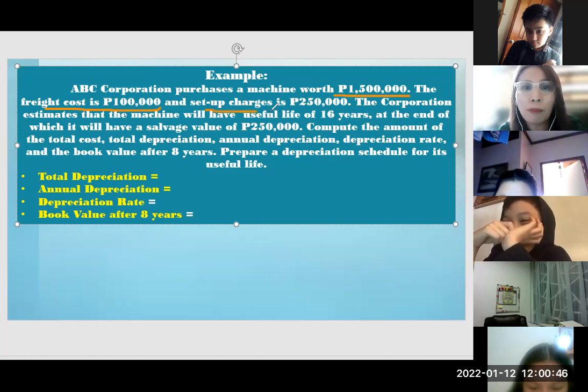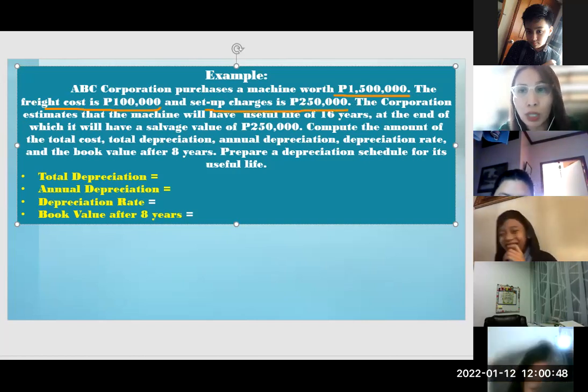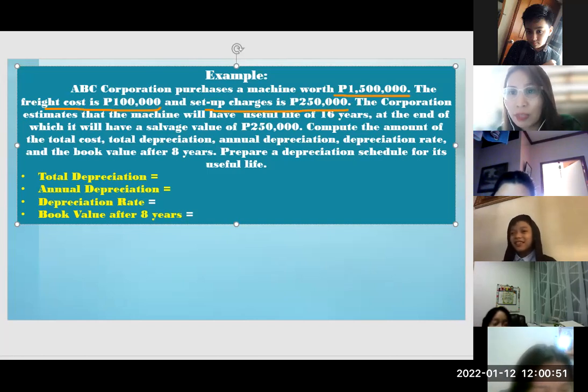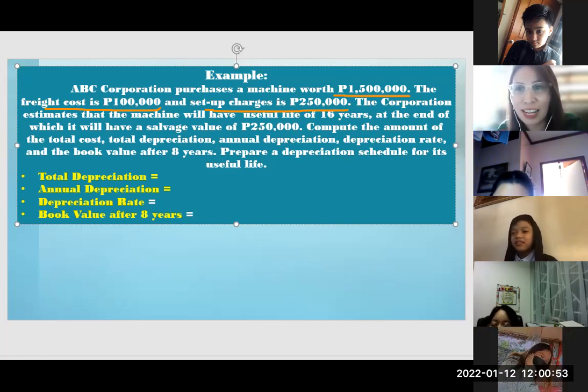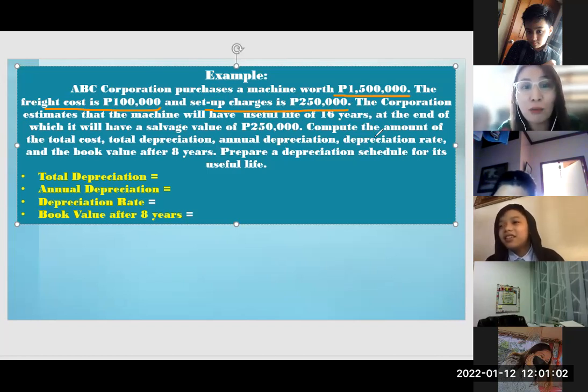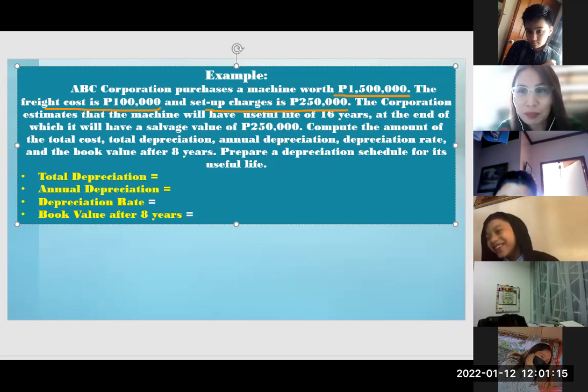Ayan. And then setup charges naman. What are setup charges? Ayan. So, setup charges naman are for installation. Okay, the other word for setup charges is for installing or installation costs charged to us if you bought a machine or an equipment. Okay. And what else?